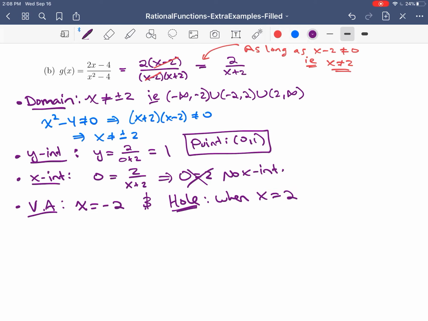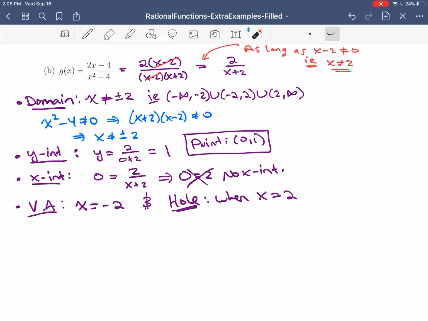Okay, now if we want to find the y value of that hole, what you can do is actually plug in 2 into the spot where you're not supposed to plug in 2. So when we are close to 2, but not equal to 2, we can use this expression. For 1.99999, we can use this. If we're 2.00001, we can use this.